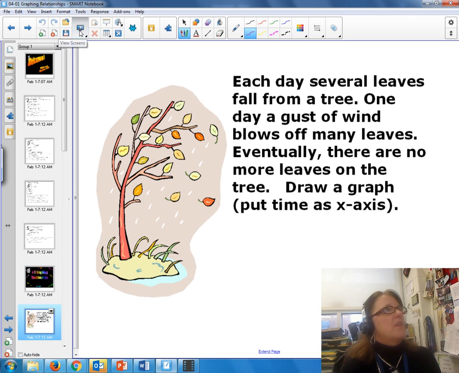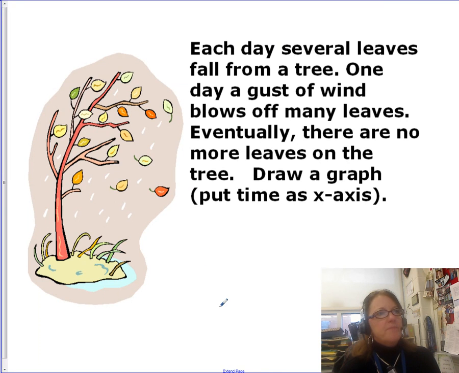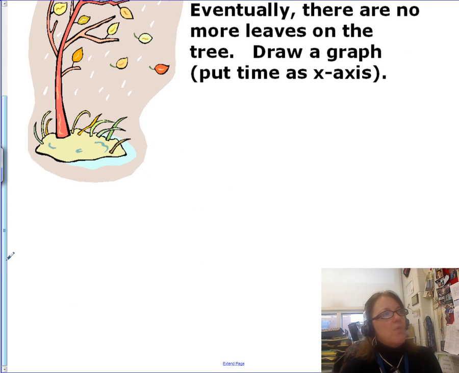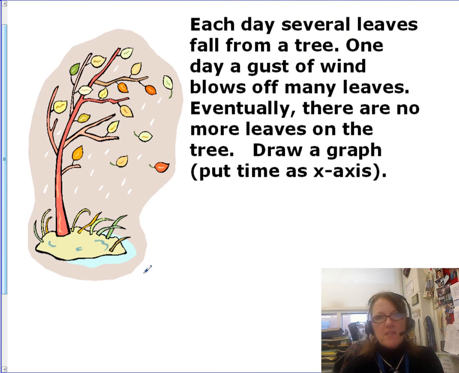All right. In this first situation here, it says each day, so this is the fall, several leaves fall off from the tree, and one day it's super windy. Big gusts of wind blow off a ton of the leaves, and eventually there are no more leaves on the tree. Draw a graph that would represent this situation, and I want you to put time as the x-axis.